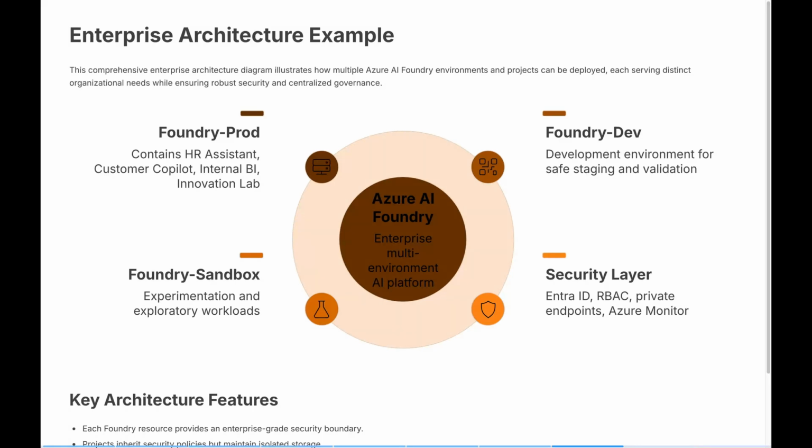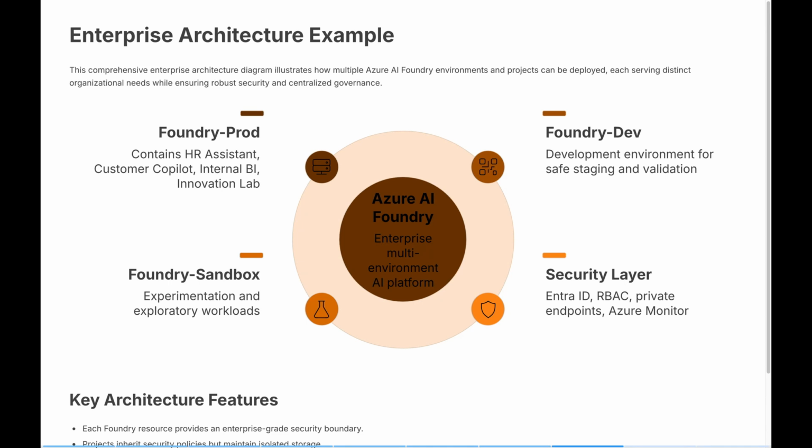An organization set up three Azure AI Foundry resources to separate environments: development, production, and sandbox. Each resource acts as a security and governance boundary. Within the production resource, we have four projects.